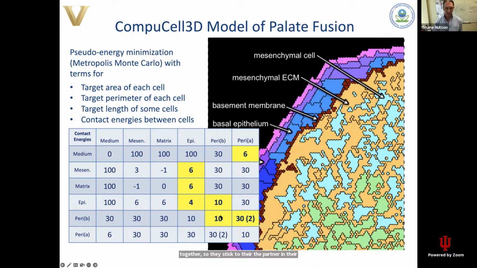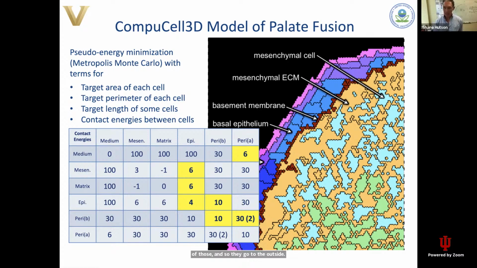And then it's a little bit more favorable for the epithelium to be in contact with mesenchymal cells and with matrix and with other epi cells. So it groups on the inside here. And then the periderm cells have a little bit higher energy in contacting all of those, and so they go to the outside, except for the contact with medium.